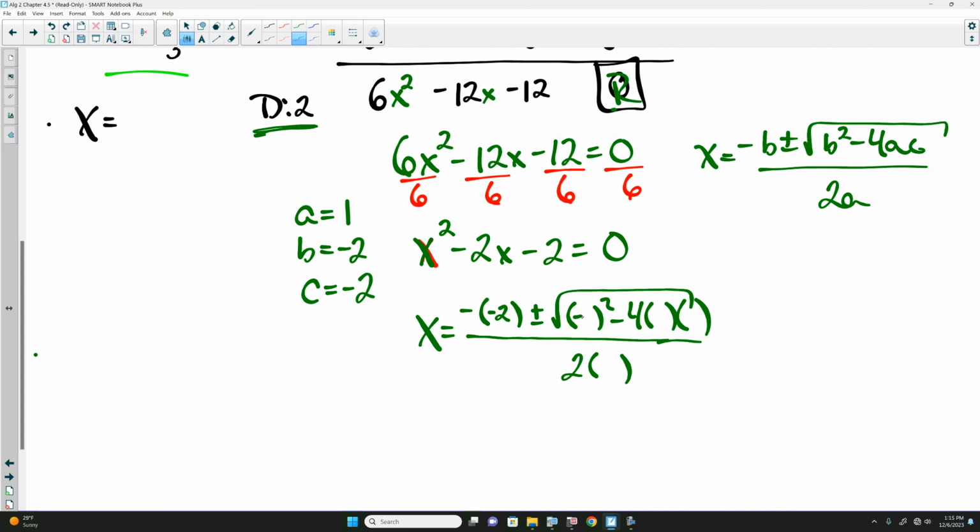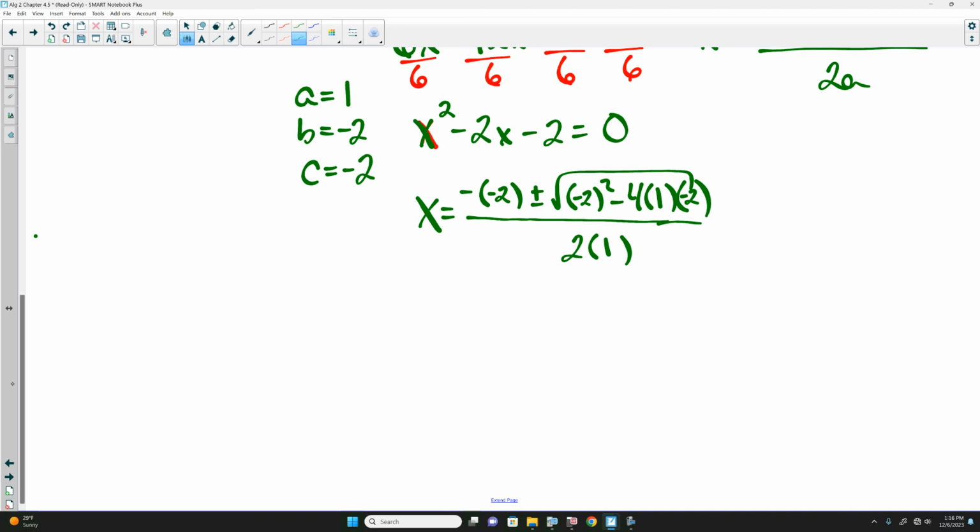Inside our radical, b squared would be negative 2 squared, minus 4 times a, so 4 times 1, times c, which is negative 2, all over 2a, or 2 times 1. So our negative, negative 2 is 2. 2 times 1 is 2. Inside the radical, our negative 2 squared minus 4 times 1 times negative 2.